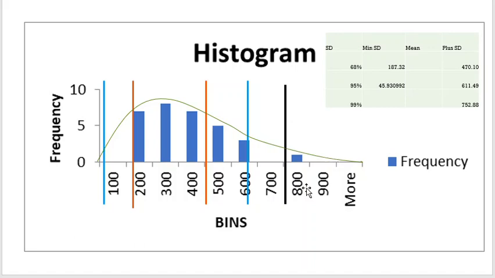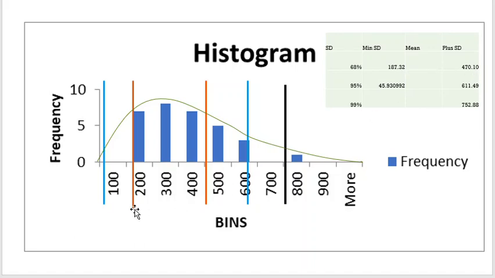We have the outlier here at right around 800. And I put these lines in because I added our standard deviation. Remember, this is one standard deviation below, and this is one standard deviation above.